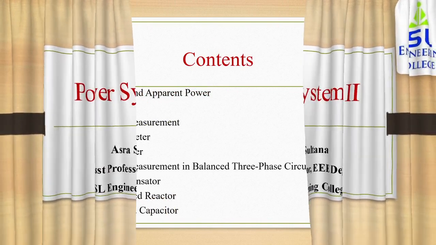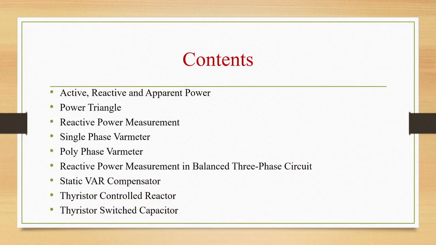So in today's class, we have covered the following topics: reactive power measurement and static VAR compensator. These are the main topics. To understand reactive power measurement, we have seen what is active power, what is reactive power, what is apparent power, what is the power triangle, what are the definitions, formulas, and units of all these powers.